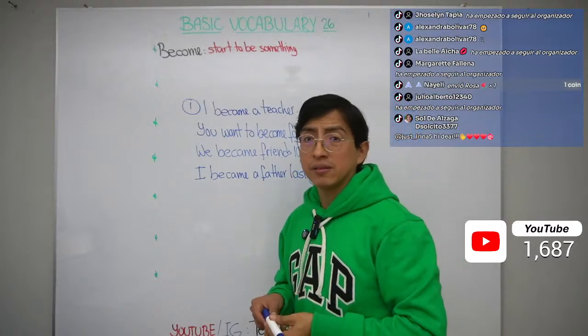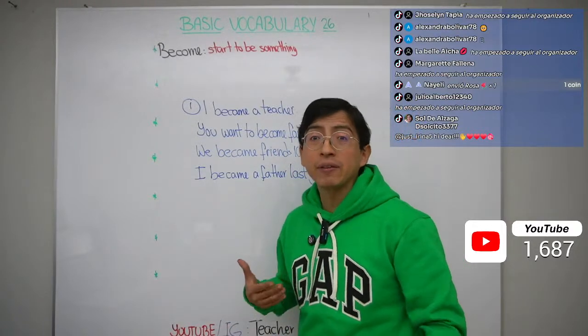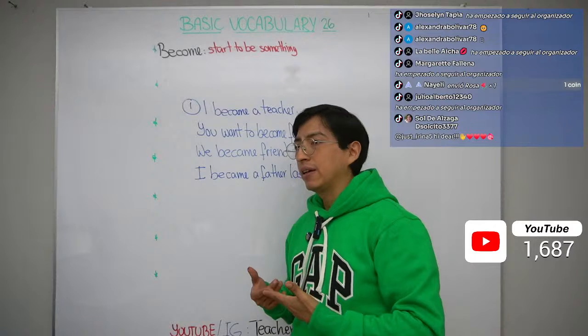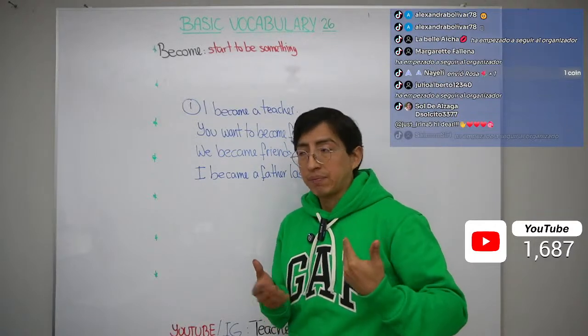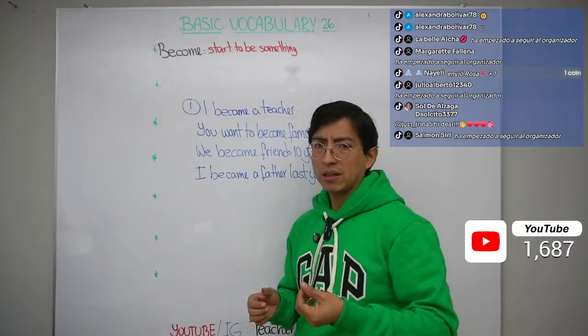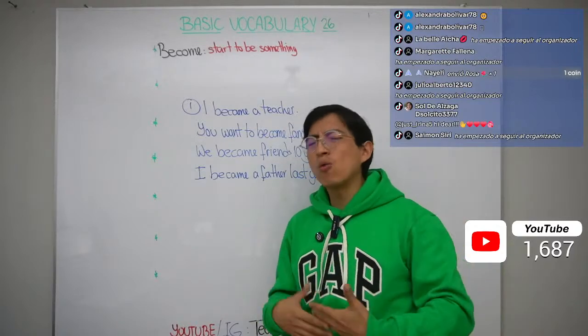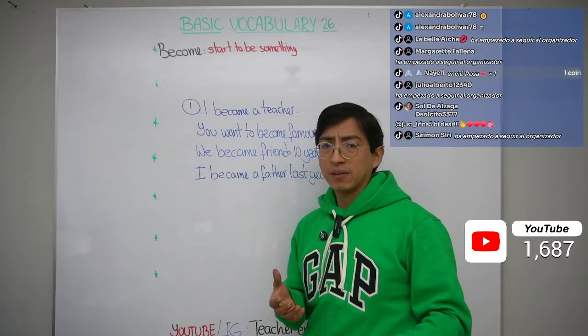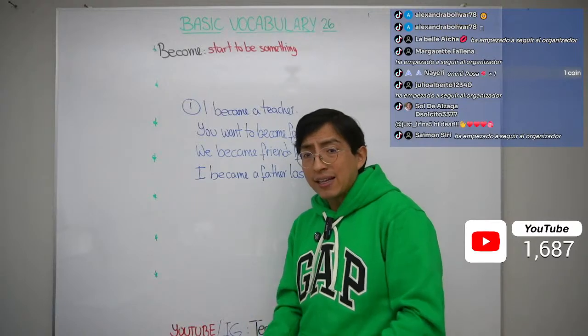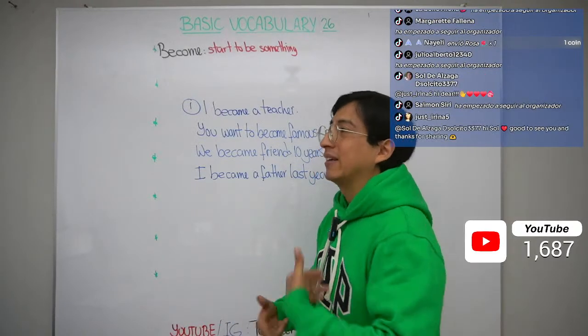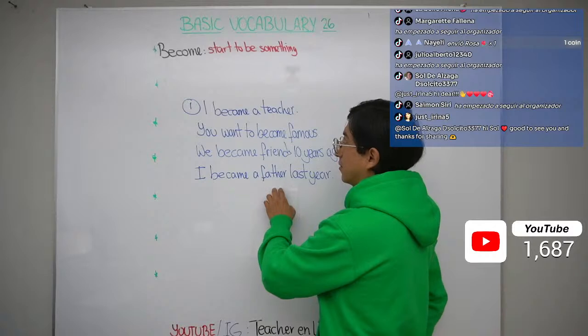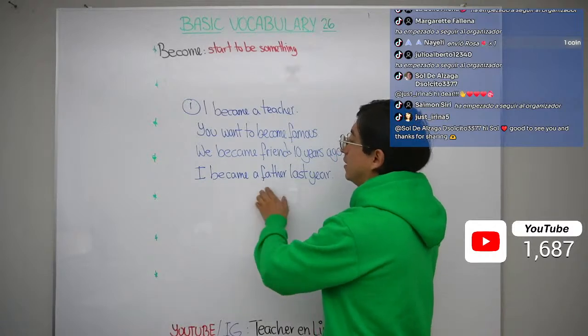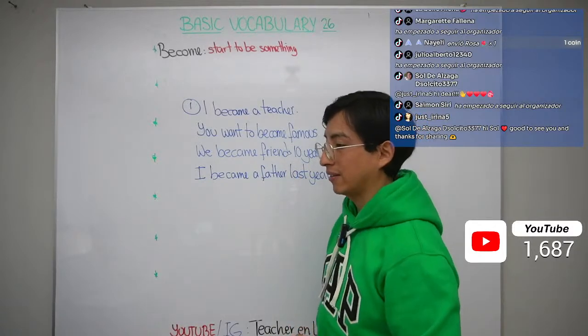So last year, okay, I had a baby. I had a baby and I became a father. Yes. Before that, I wasn't a father, but finally I had a baby. Yes. So I became a father. Okay. I started being a father. That's what it is, guys.